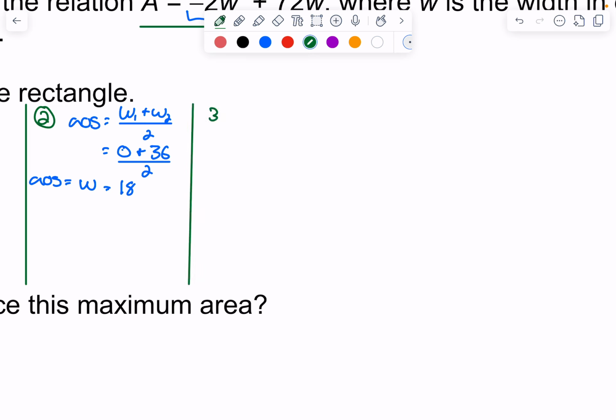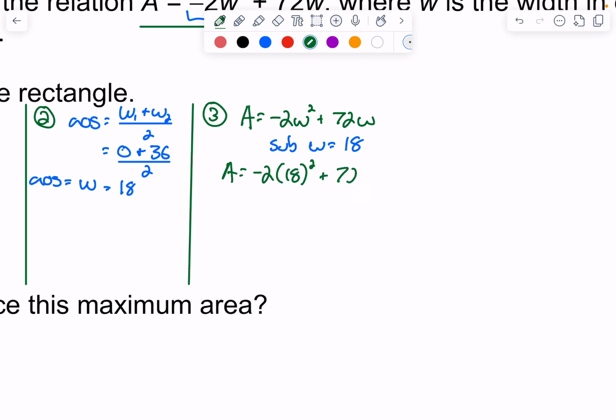Step 3. Well, we have our formula, area equals minus 2W squared plus 72W. So sub W equaling 18 and calculate your area. So area is minus 2 times 18 squared plus 72 times 18.